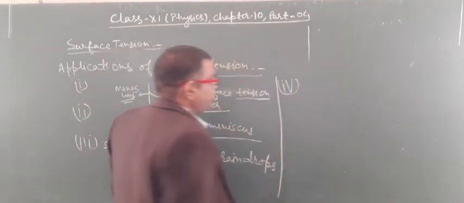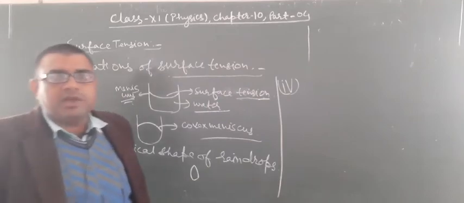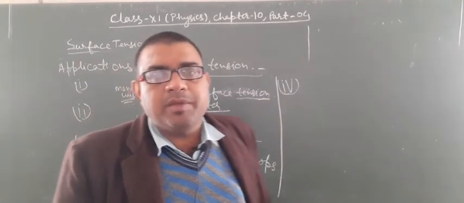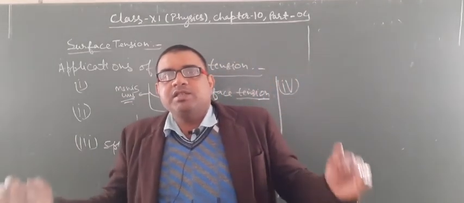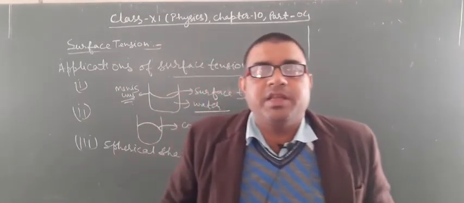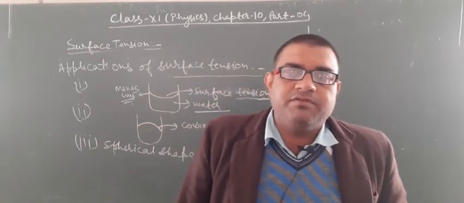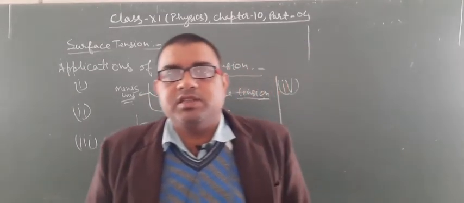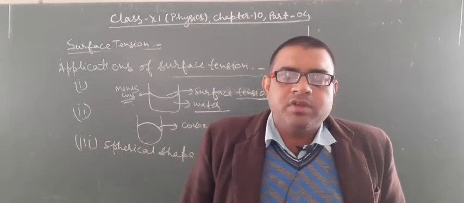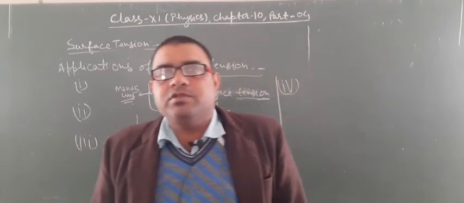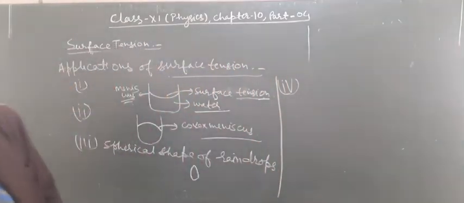And you have observed that during baby birth, you have seen the baby occupies a round or curved shape because it wants to maintain itself in its lowest energy state. So there are various examples in day-to-day life that you see of the application of surface tension.